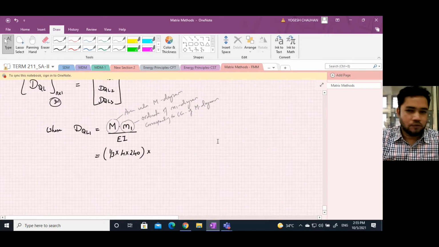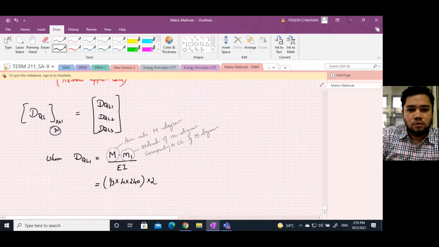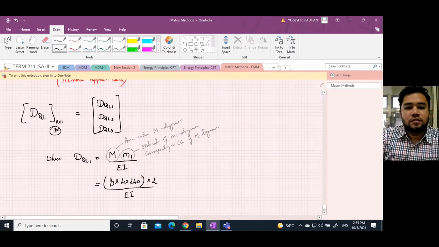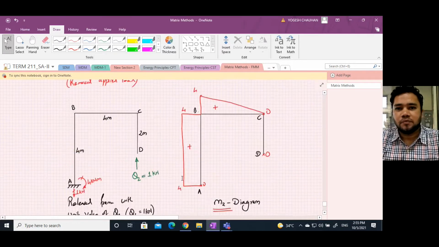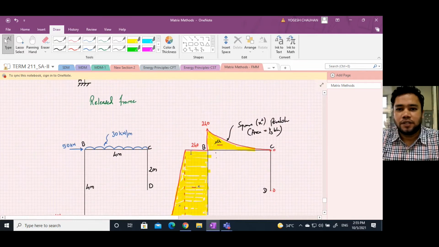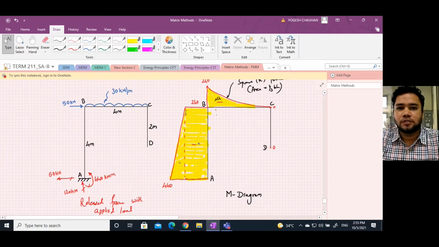Just check. So multiply it with 2 divided by EI. So this is from the first shape. Then from the second shape, which is rectangular, area will be 240 into 4, because this is 4 and this is 240.